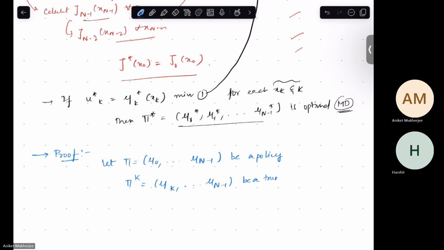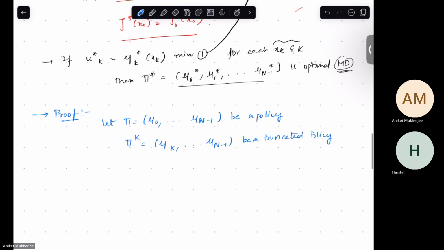This is a truncated policy. Let J_k star of x_k be the optimal cost of the n minus kth stage problem.